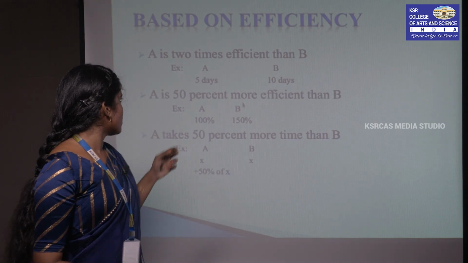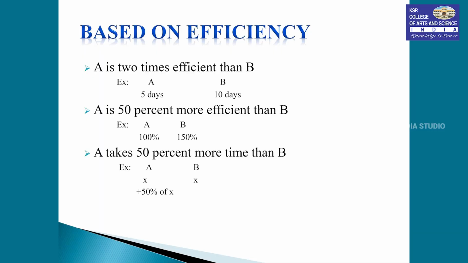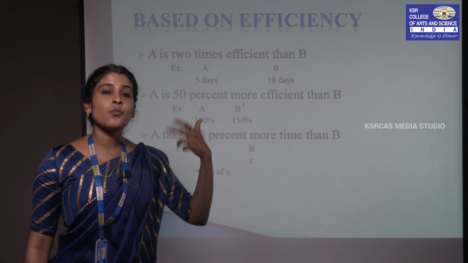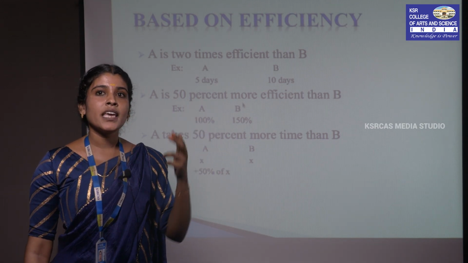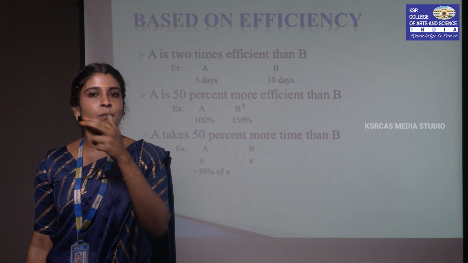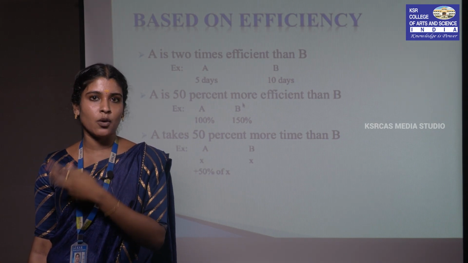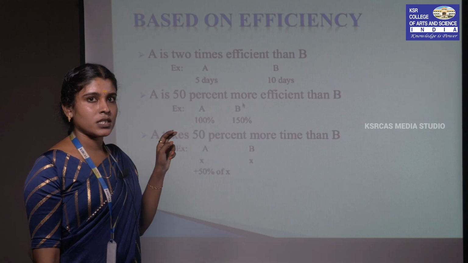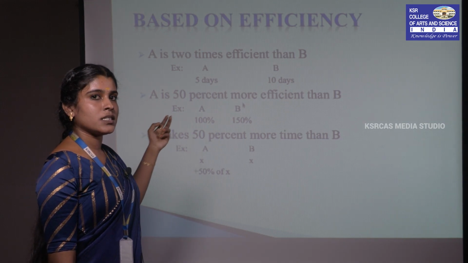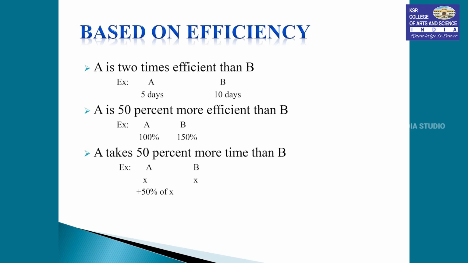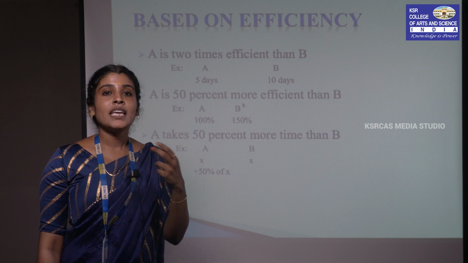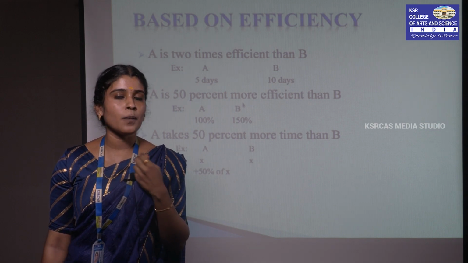The second concept: A is 50% more efficient than B. Compared to B, A is 50% more efficient. So A does 100% of the work while B does 150% of the work. This is our second concept. The third concept is a similar difference: A takes 50% more time than B. Compared to B, A takes some extra days to complete the work.